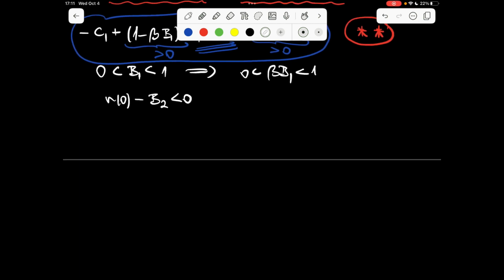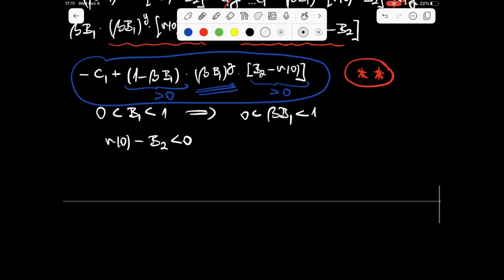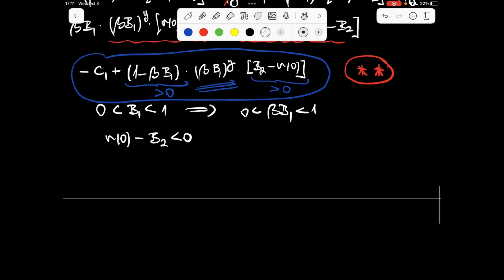Let S stand for the optimum order size, and we know, as I have just mentioned, that any higher order size would make the first order condition negative.